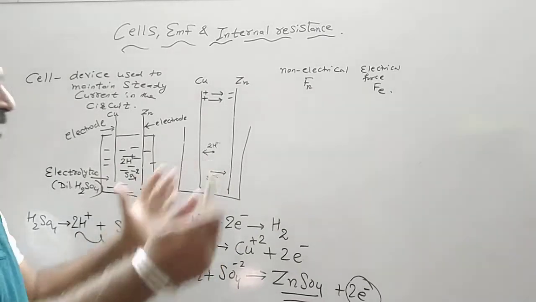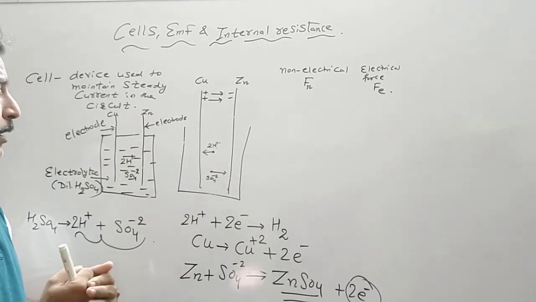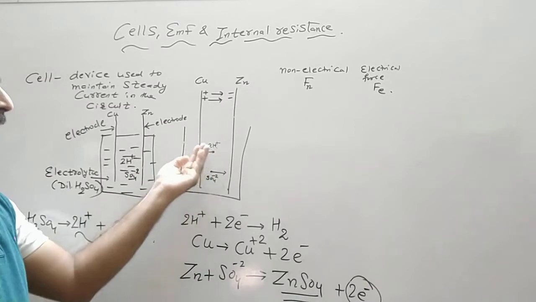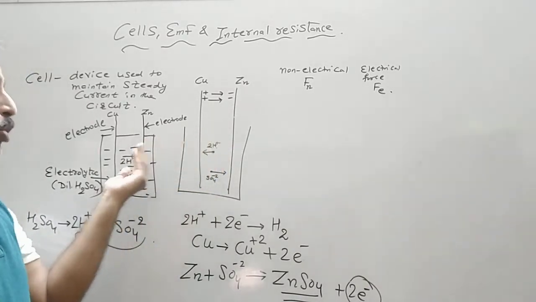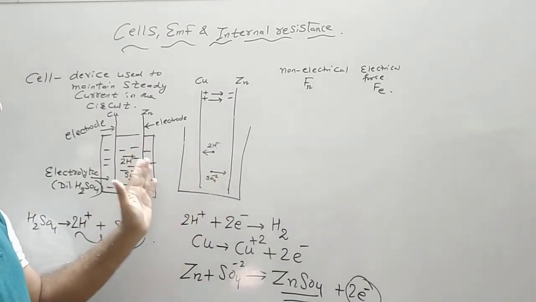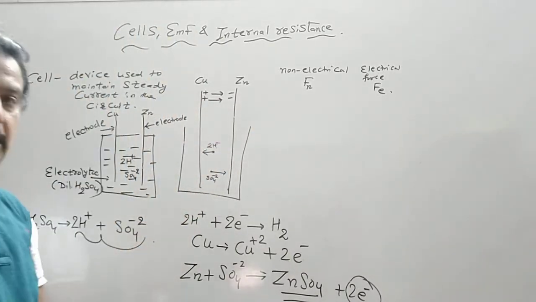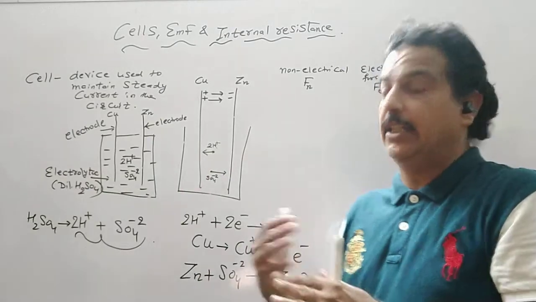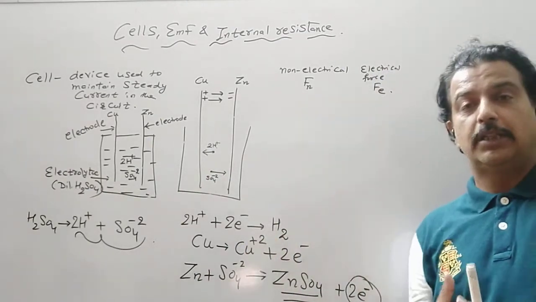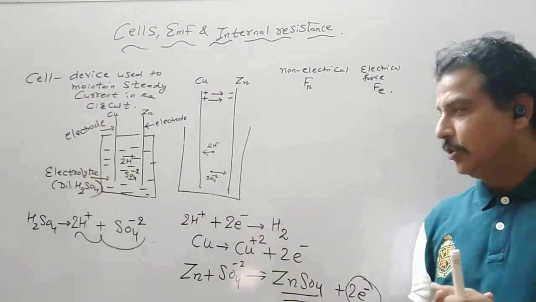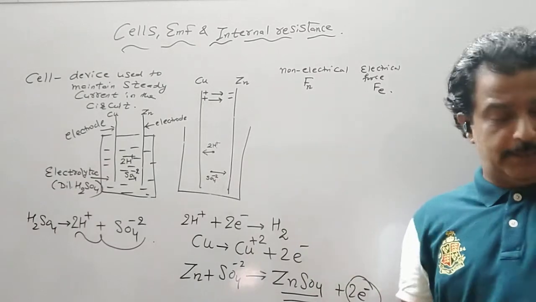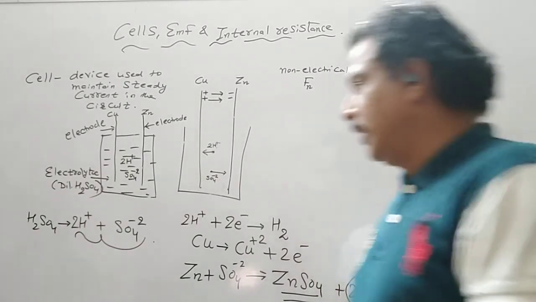Now this process continues. H plus ions will keep on moving towards the copper rod and SO4 minus 2 will continue moving towards the zinc electrode. For how much time would they continue this motion? To understand this, we simply take numbers.